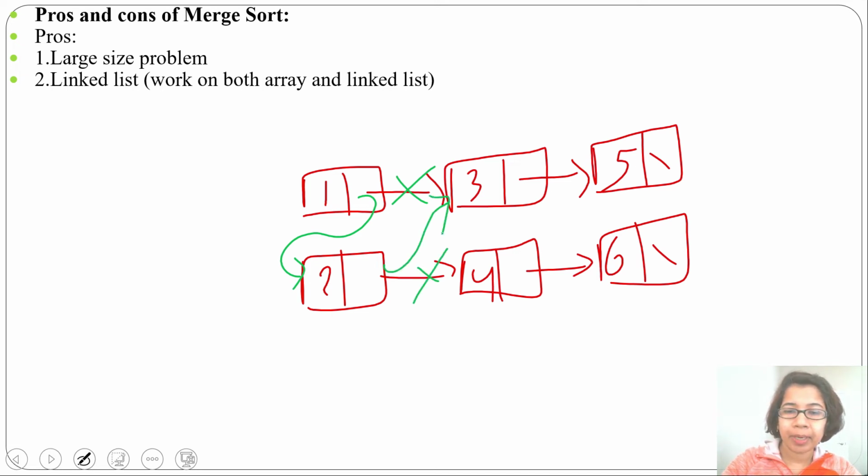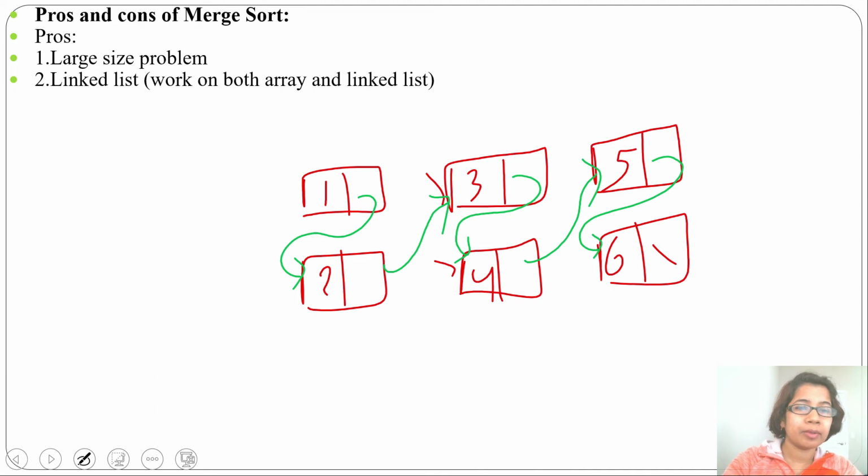Next we'll compare 4 with 5. 4 is less, so we'll erase this link and add this link to 4. Next we'll compare 5 and 6. So 5 is less, so we'll add a link from 4 to 5. Next we'll compare 5 and 6. 5 is less, so we'll add a link from 5 to 6. So merge sort is applicable for both array and linked list.